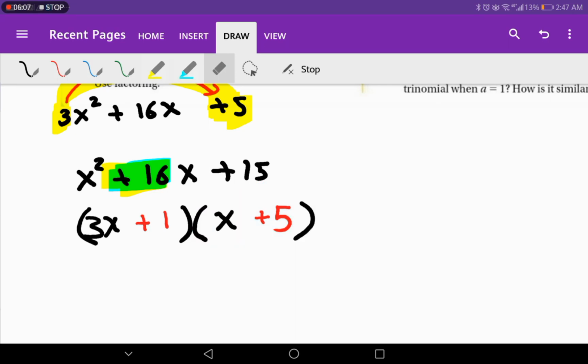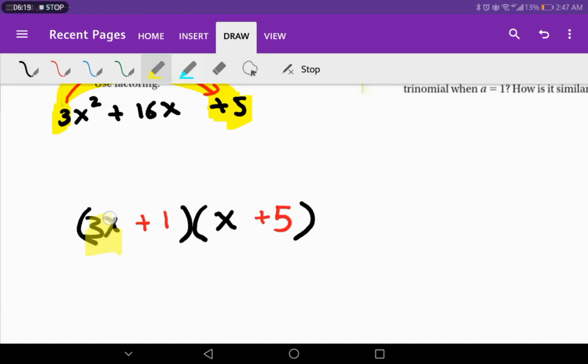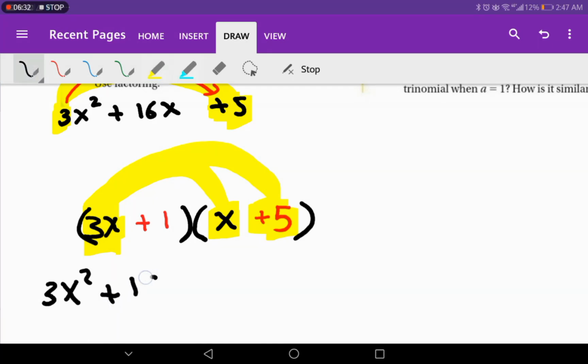Okay, if you don't believe me, multiply the length by the width, or the two quantities here. 3x by x is 3x squared. 3x by positive 5 is positive 15x.